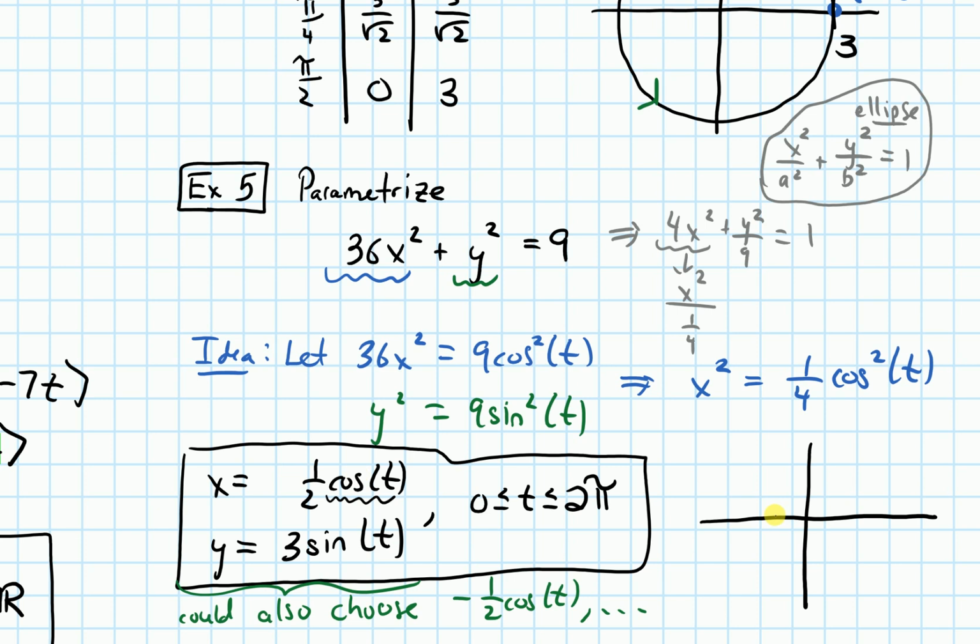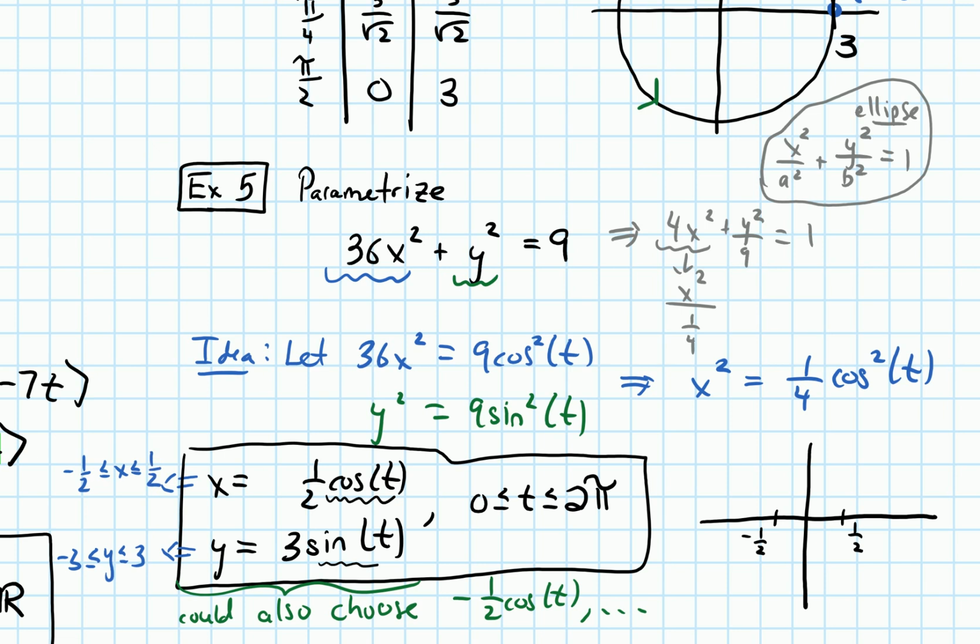So in the x direction, my ellipse will go all the way to -1/2 to the left, and to +1/2 in the right direction. And then sine is also between -1 and +1. So multiplying that by 3, it'll mean that y is in between -3 and +3. Let's just write this down. Y is going to be between 3 and -3, and x is going to be between -1/2 and +1/2.